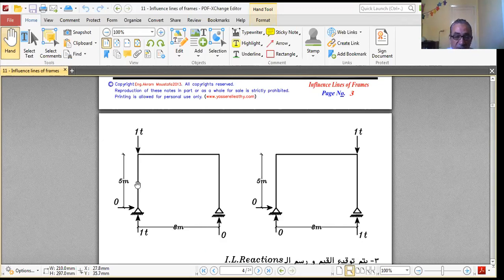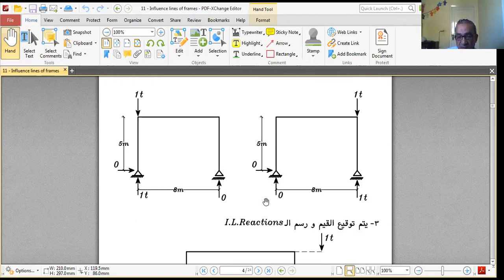When the load is on the top of the left support, the 1 ton is taken fully by the left support, the right reaction is 0 and the X reaction is 0. When the load is standing on top of the right column, the 1 ton is taken fully by the right column vertical reaction. The other support has 0 reaction, 0 vertical and 0 horizontal.